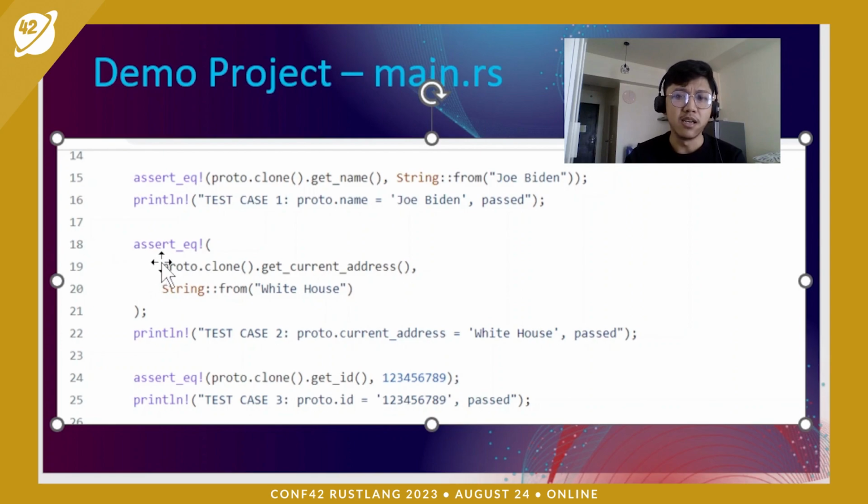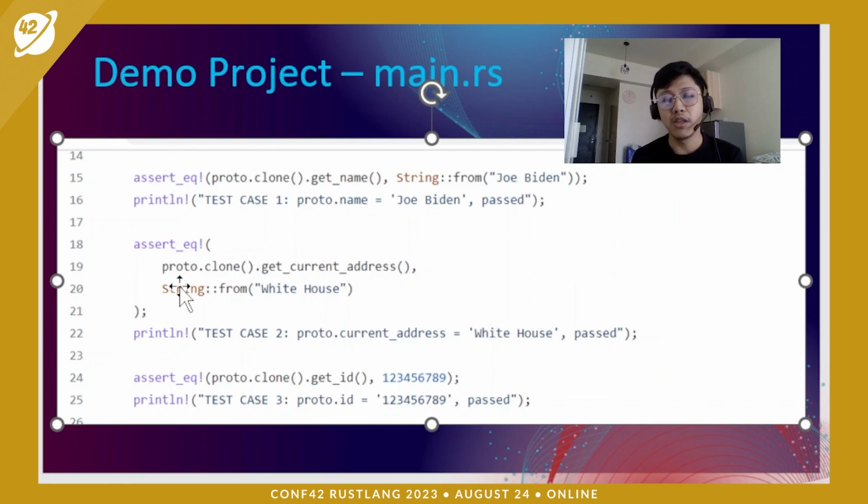Next, we also assert equal. We compare our current address with the string White House. If it passes, then it will print that test case 2 passes with proto current address as White House.